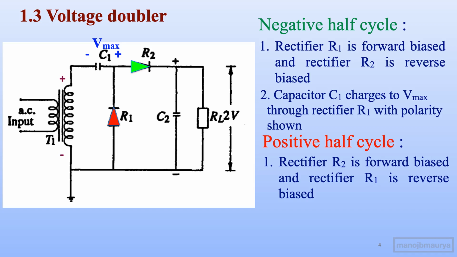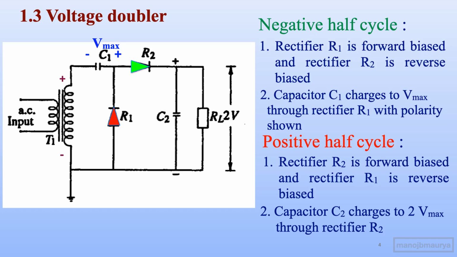As the positive rising voltage of the supply increases from 0 to Vmax, capacitor C2 charges to a potential of twice Vmax through rectifier R2 as shown on the diagram.